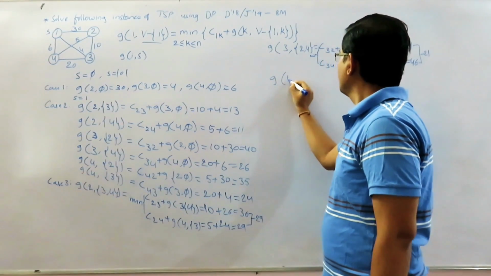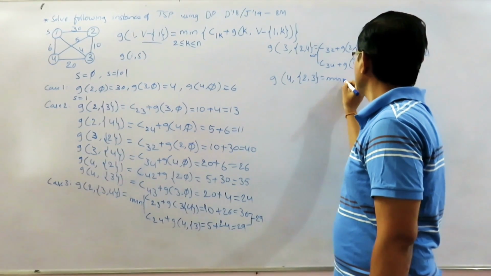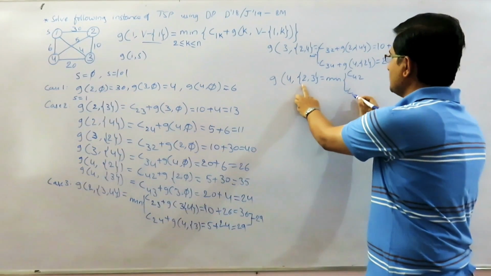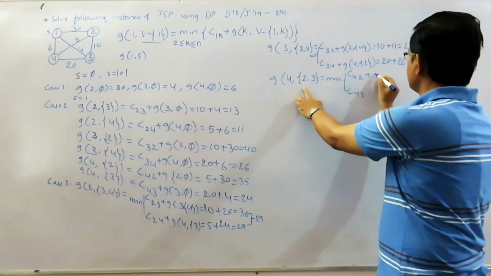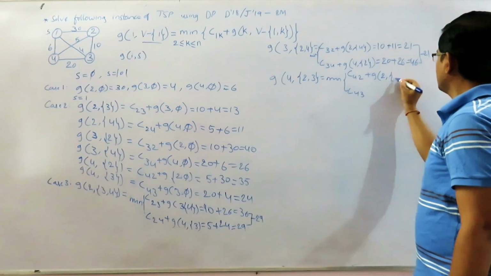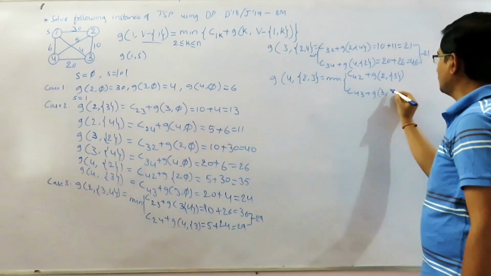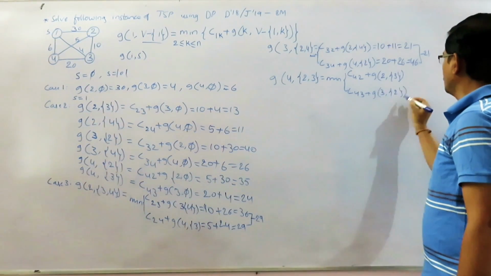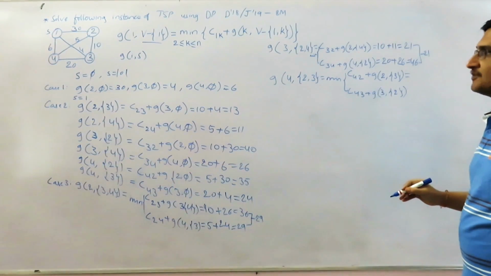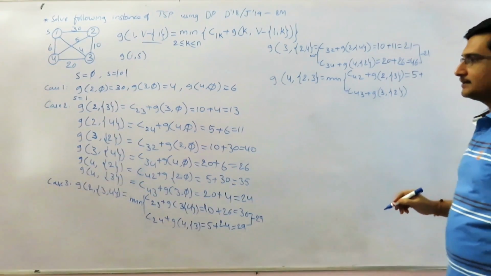Similarly, G of 4, 2 and 3 is equal to the minimum of C4 to 2 plus G of 2, 3, and C4 to 3 plus G of 3, 2. So this is equal to C4 to 2, which is 5, plus G of 2, 3.